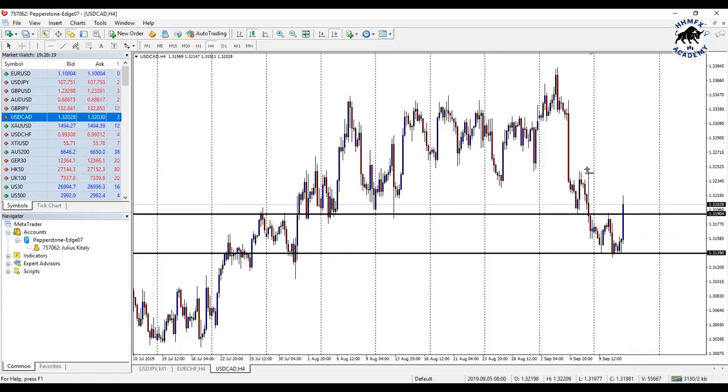So we find it just there. Why? Because you can see the market went down, went up, found a rejection at that point, and continued with a downtrend here. So this one is a potential resistance which we can expect.